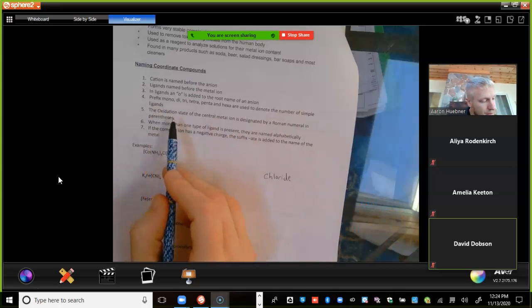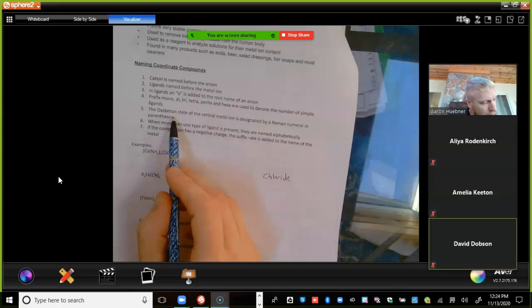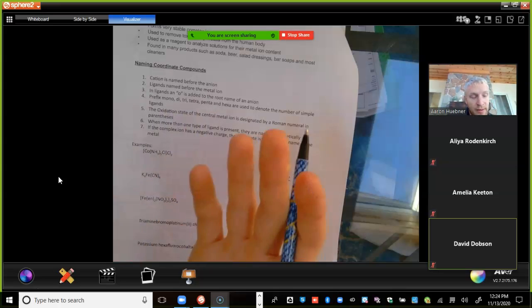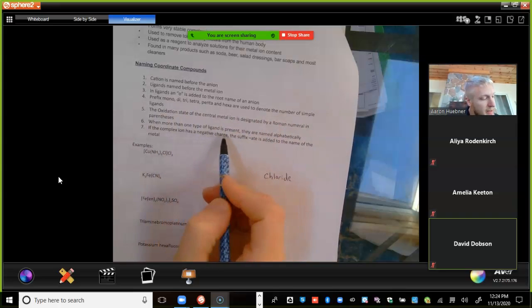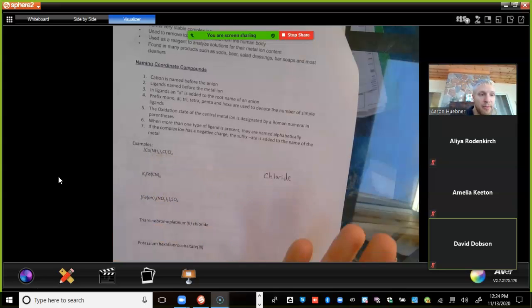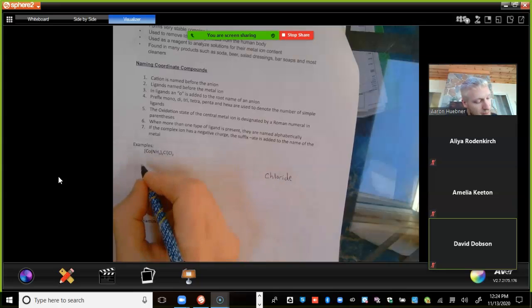Let's see. Does it tell us in these directions? Here it is. That's talking about the oxidation state of the total complex ion being denoted by a Roman numeral, but we'll get back to that one. When more than one type of ligand is present, they are named alphabetically. So amine or chloro, which one comes first? Amine. So we're going to do pentaamine.